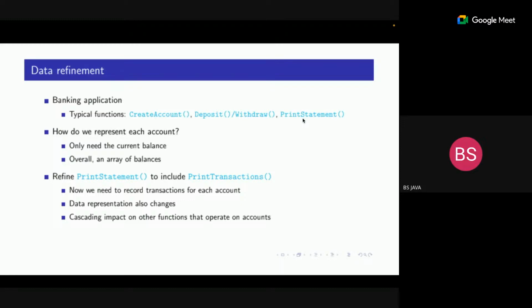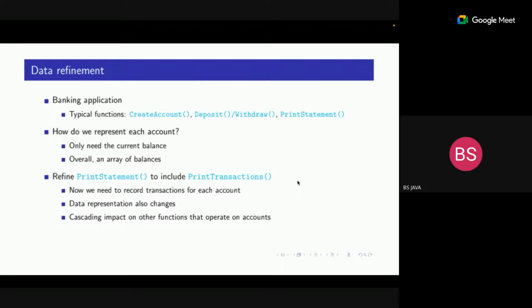So in that case, we have to store all the details of all the transactions. So the data representation itself should change. Just by using an integer array, we can't keep track of all the changes, right? So we have to make changes in the way we store the data. Instead of storing it in the integer array, we have to use some other data structure.